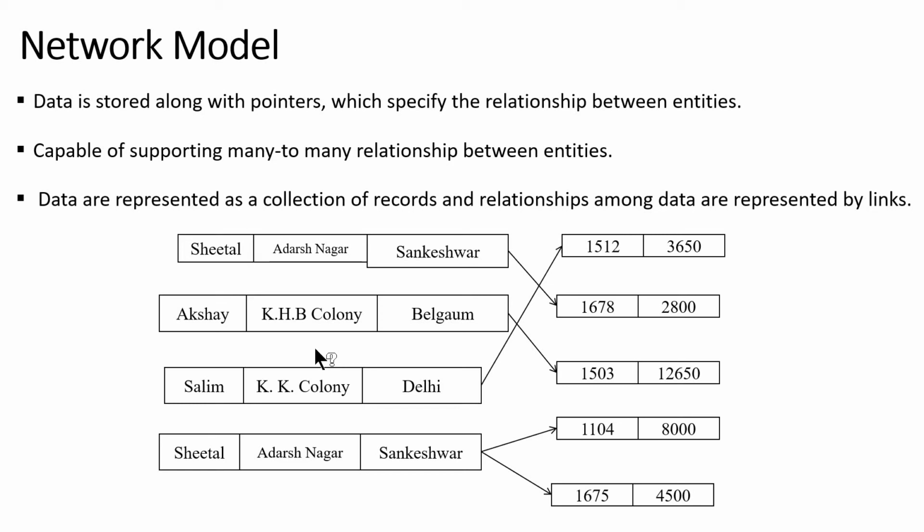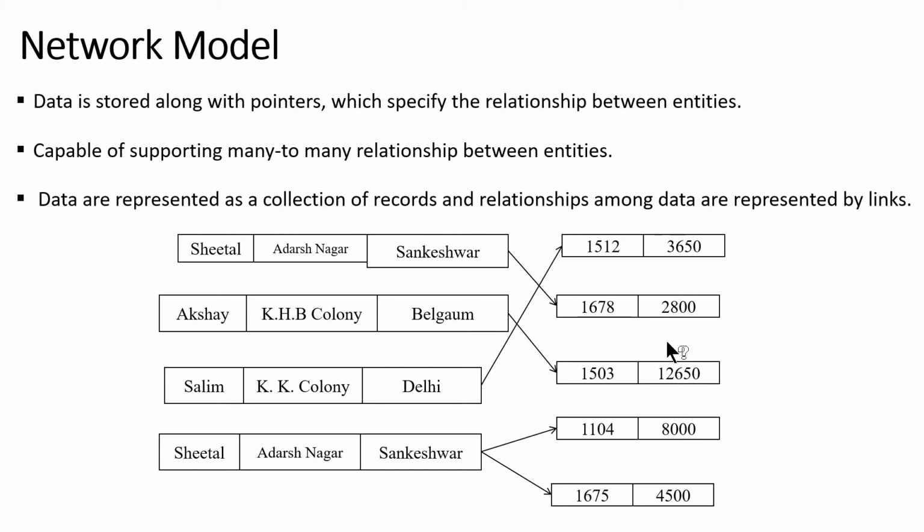In case of the network model, data is represented in the form of a collection of records. On one side we have the customer information like customer name, address of the customer, that is area, and later the city.